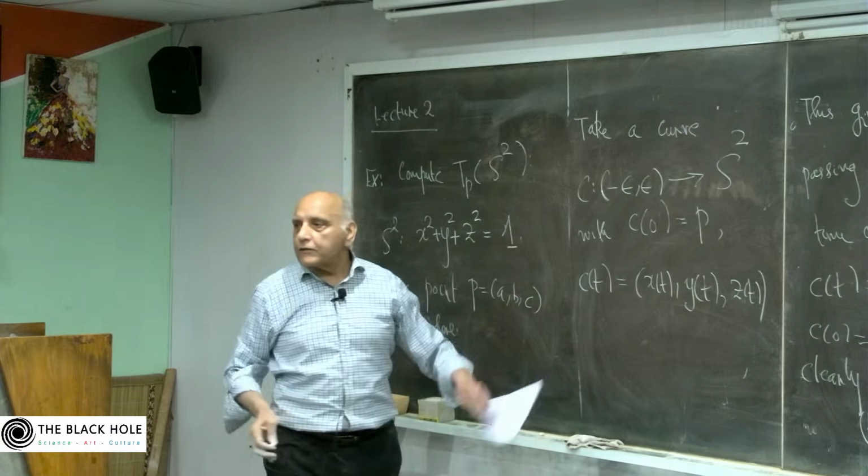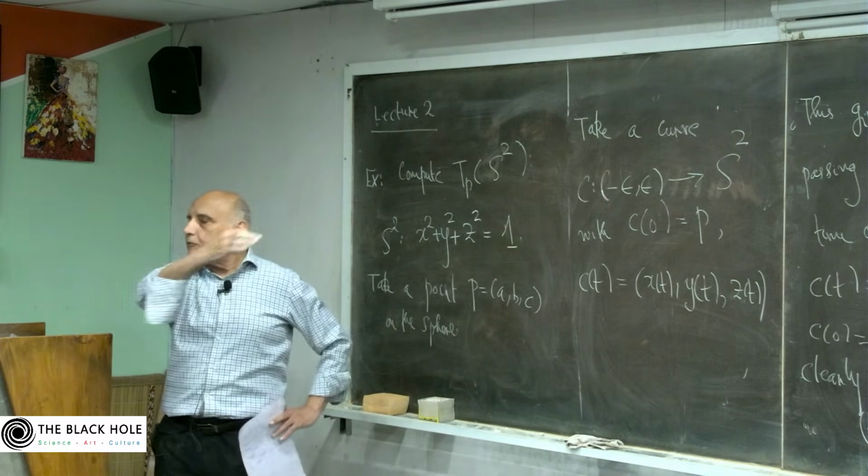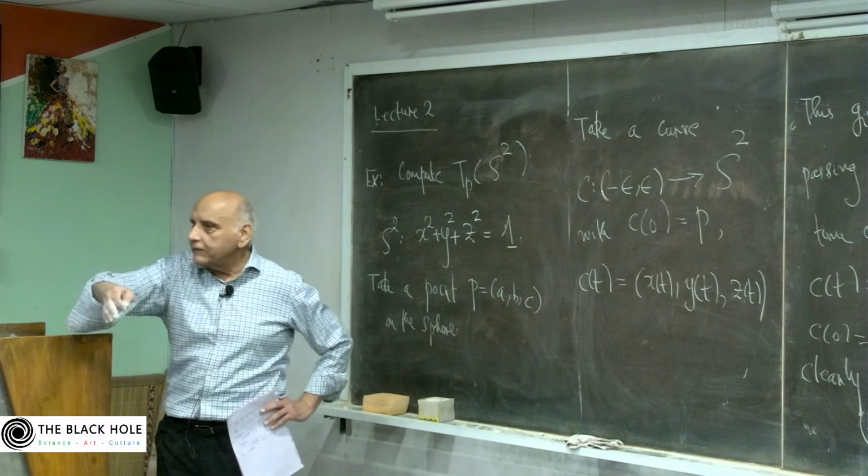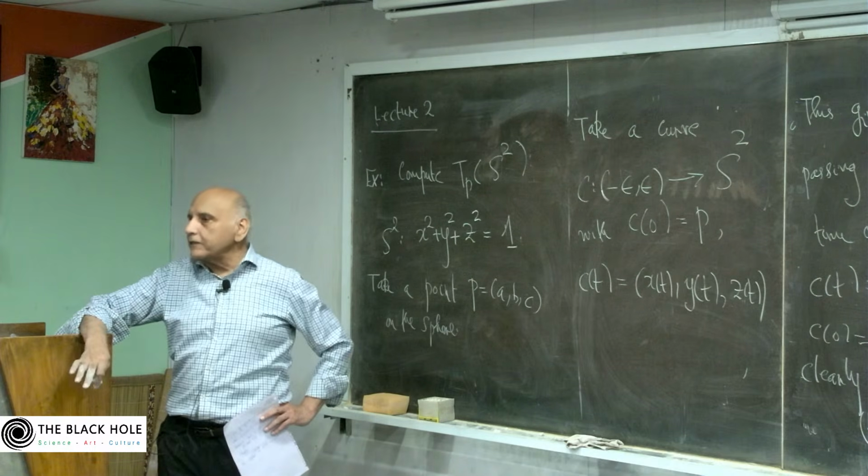Okay. So what is this, because it has to be a curve inside the sphere, the x, y, z are not arbitrary. They have to satisfy a relation.